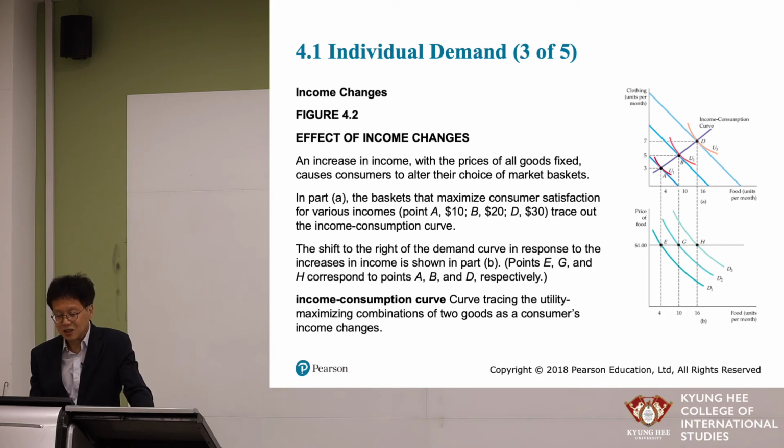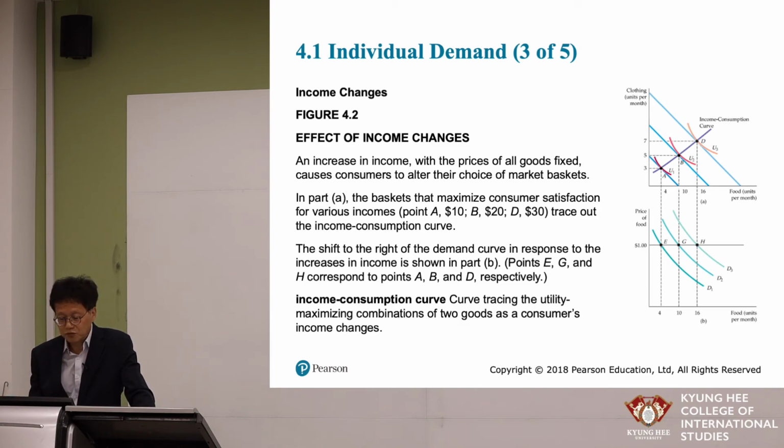An increase in income, then what happens? When income increases, the budget constraint shifts to the right, but the slope of the budget constraint is the same, PC over PF is every time the same, right?